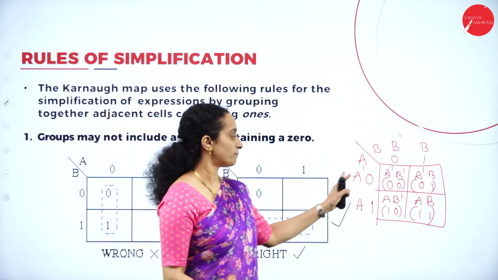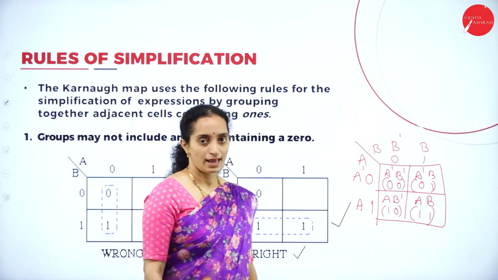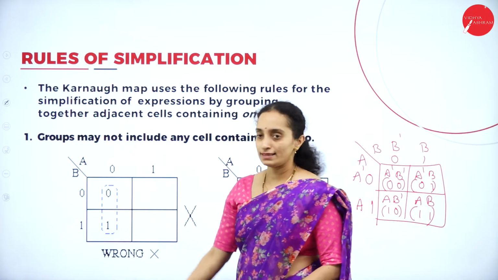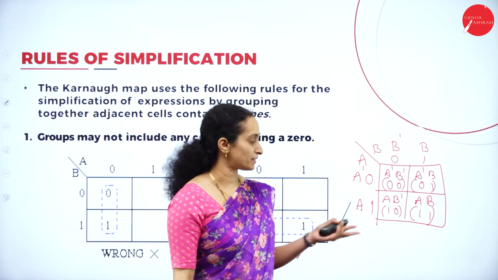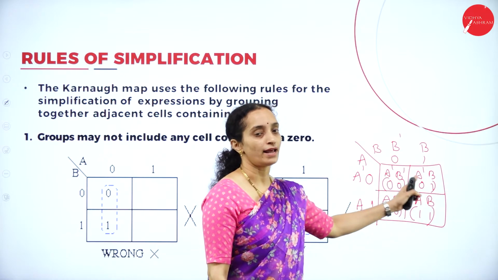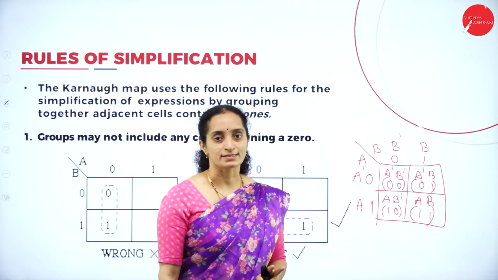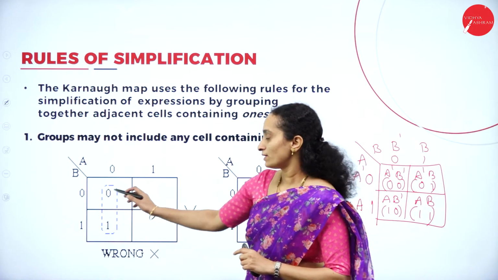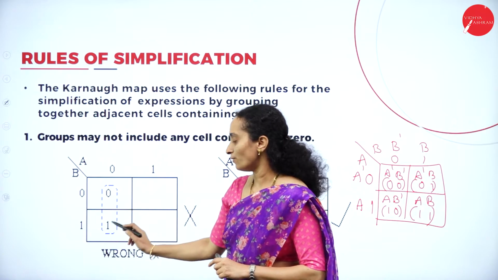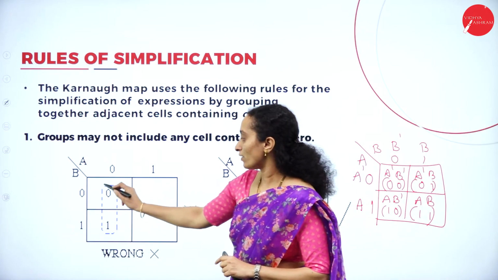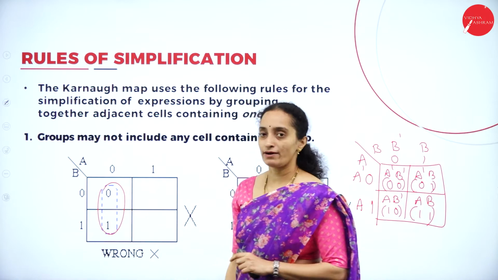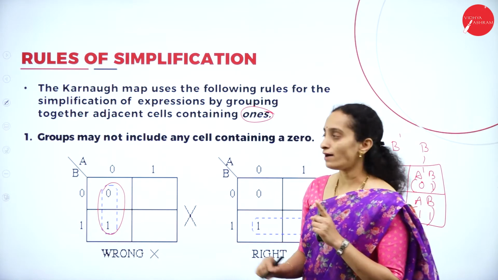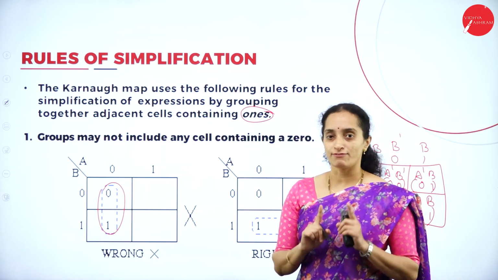Okay. You can represent the variables in any form. In this method, using the expression, you are going to represent the values in this. Alright. Whatever expression is given, ones will be represented. Suppose you have 4 cells. If it is 0 and if you have a 1, you cannot group a 0 and a 1. What is the condition? You need to have a group of only ones.